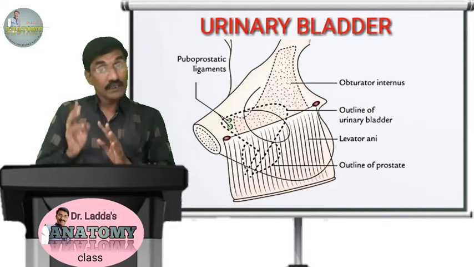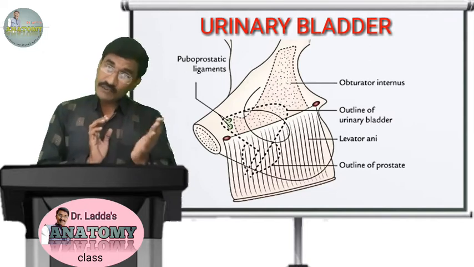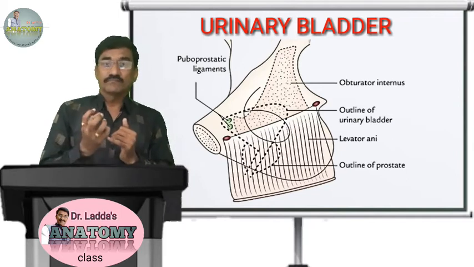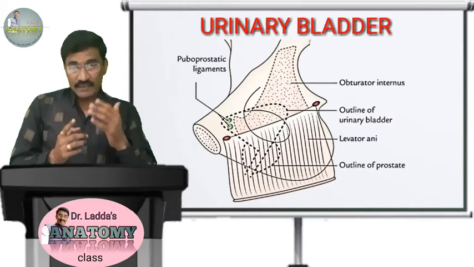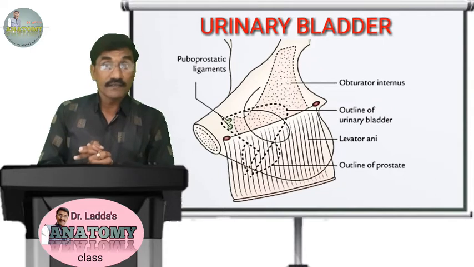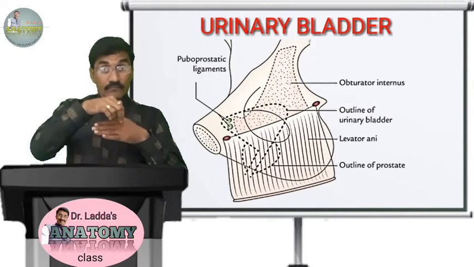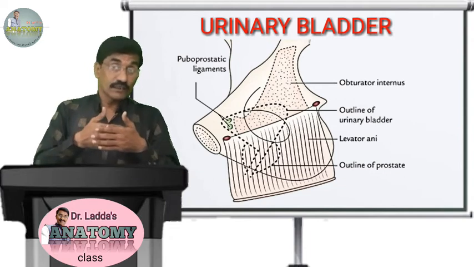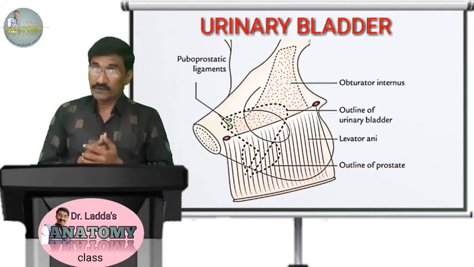These two, and now there are two muscles which are common in both male and female. Those two muscles are levator ani, and the second muscle is obturator internus. From inside of the obturator foramen there is one muscle taking origin, and that is called the obturator internus muscle.